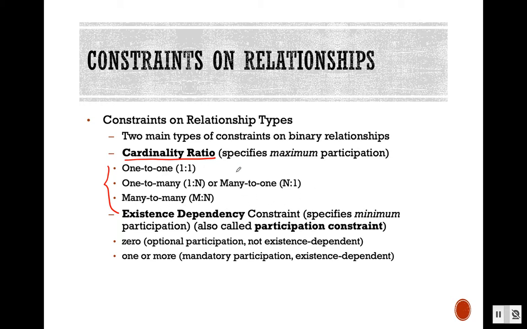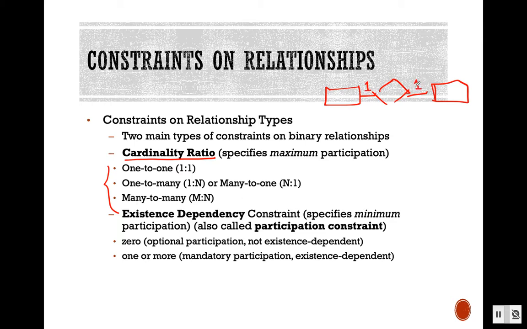So 1 to 1 says that on each side only one entity can participate with the other side. On the relationship we are going to show them like that.